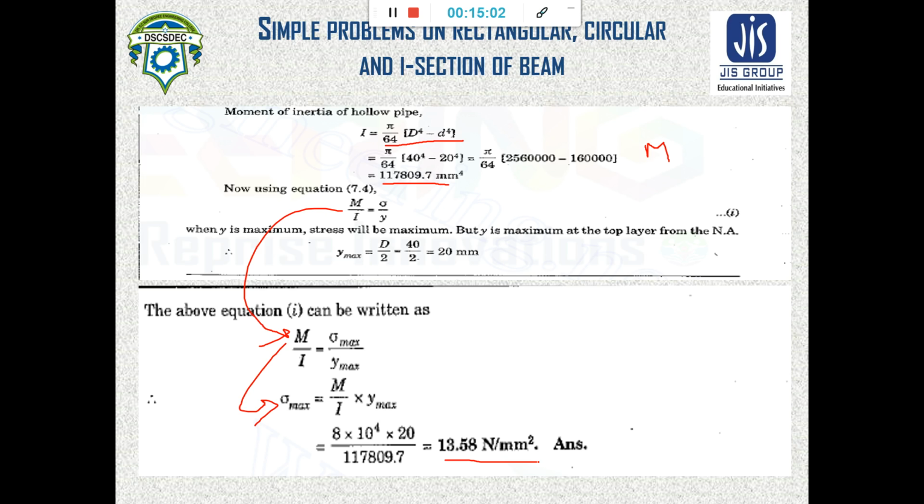So first you should know about the bending moment equation. Here another thing is used, that is your maximum bending moment, and that maximum bending moment can be found from the bending moment diagram that we have studied in the last semester.